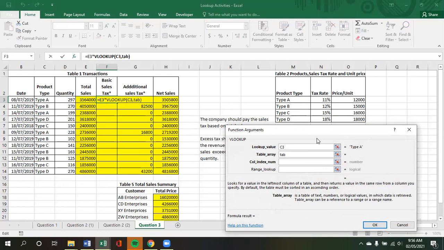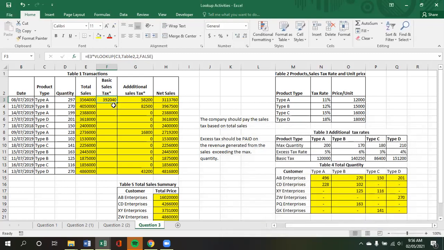That is where we can find the, yeah, very correct. Then in which column can you find the tax rate? That is in the second column, and you are looking for an exact match, right? Say okay. Okay, very correct. Then you can simply drag that down. So that is going to be your basic sales tax.